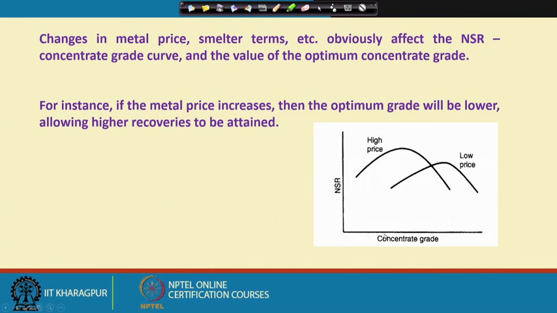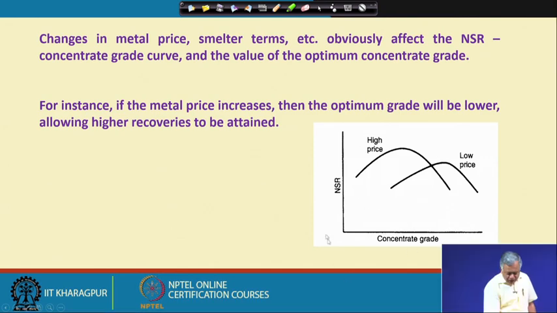So, this is the plot which shows concentrate grade versus NSR. When you have a very high metal price, we try to shift the curve towards the higher side, but towards the left, and when the metal price is lower, then we try to shift it towards the right, so that we target the optimum grade by sacrificing some recovery.